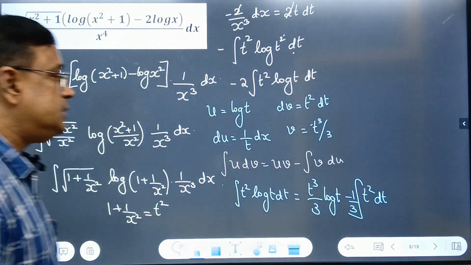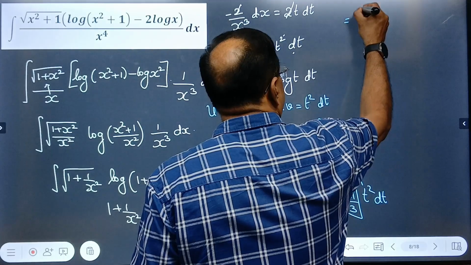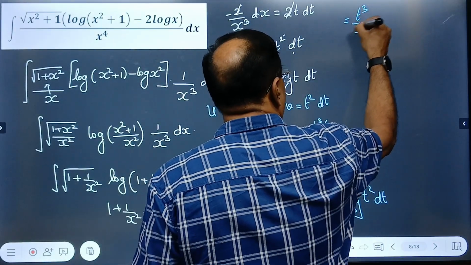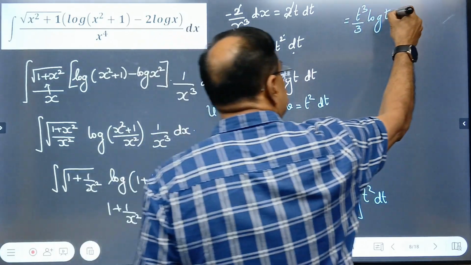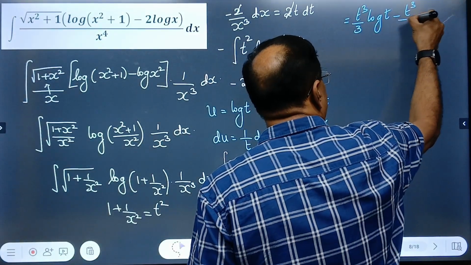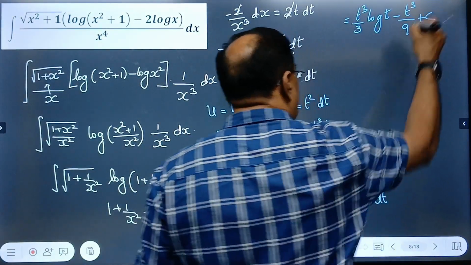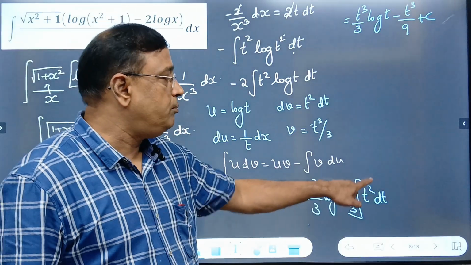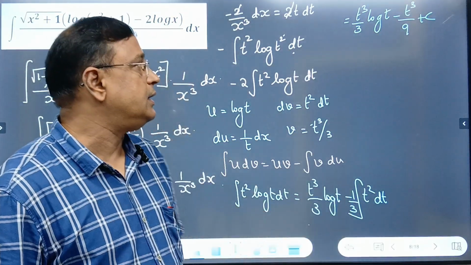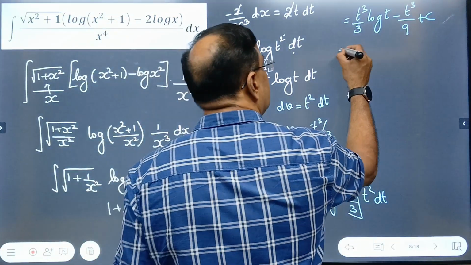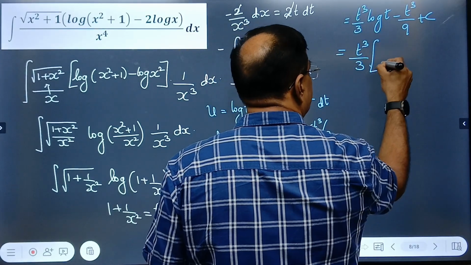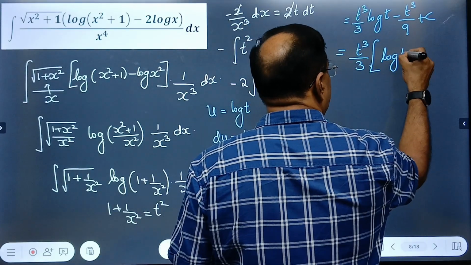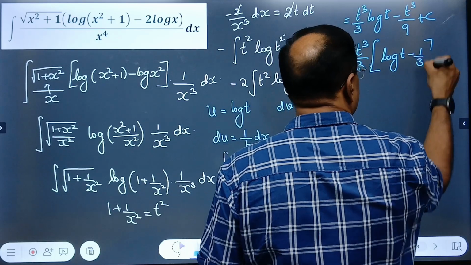So if you integrate this, I get t cube by 3 log of t minus t cube by 9. How did I get 9? Already there's a 3. T cube by 3, 3 into 3 is 9. Now what is common here? You can take t cube by 3 common. So I am left with log t minus 1 by 3.